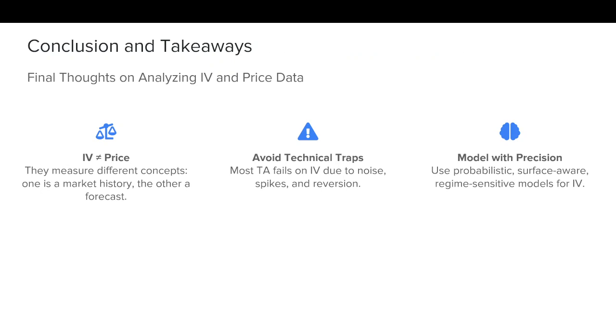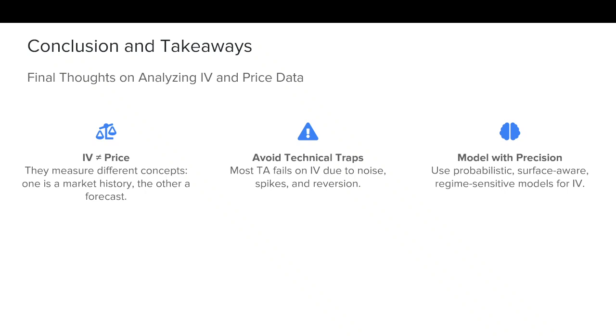So what is the conclusion from this? The conclusion is that stock price and implied volatility are both vital financial metrics. They serve distinctive roles and operate under different mechanics. Stock price tells us what has happened. IV tells us what might happen. This fundamental difference means we must be cautious while borrowing tools from one domain to use in another.